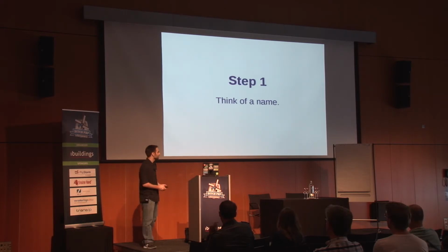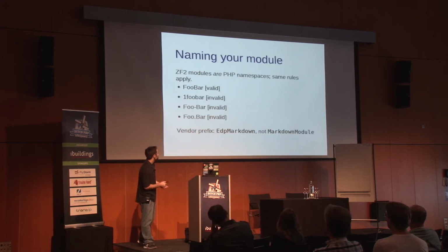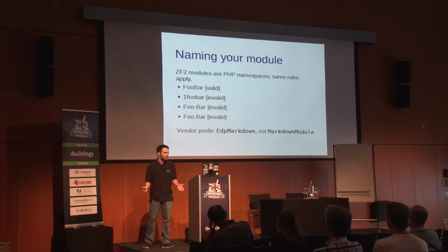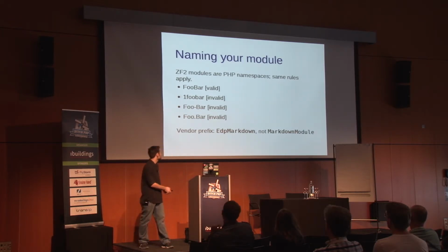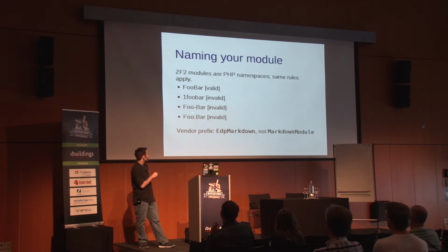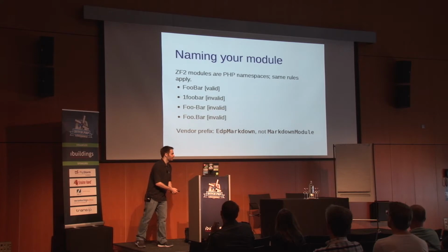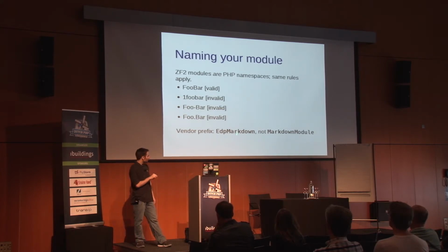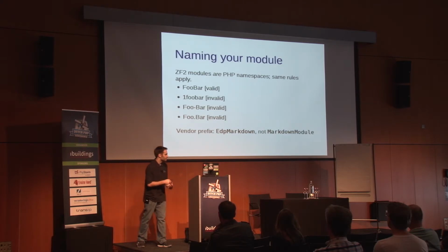Think of a name. Naming your modules, it's pretty simple. It follows the same rules as PHP namespaces because your module essentially is a namespace. So it can't start with a number, can't have dashes, can't have dots, kind of like variables also in PHP. And then also use a prefix. Like I use the prefix EDP for Evan.pro.